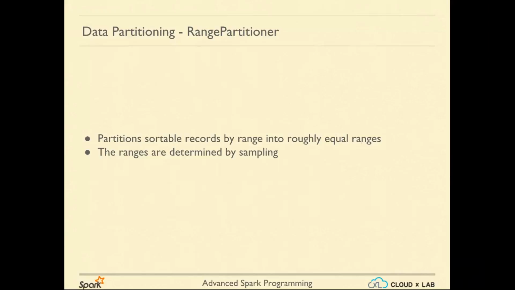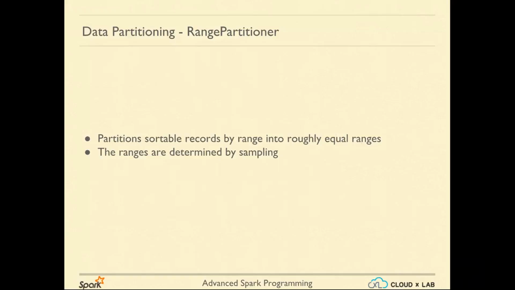So what it does is it basically samples the whole data. Based on that sample, it figures out what's the maximum, what's the minimum, and what is the general frequency of various records. On the basis of that, it breaks down the RDD into partitions, and that's how it works.